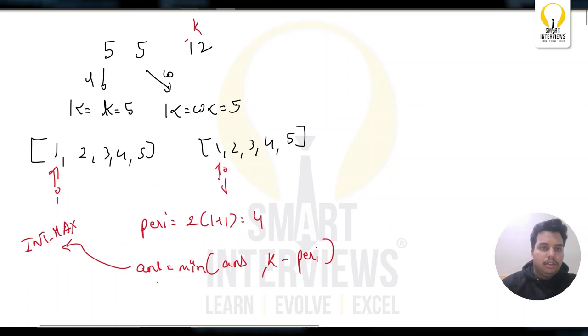So now you'll update your answer accordingly. For 4, k minus 4, 12 minus 4 comes out to be 8. So this can be your initial answer. But let's say I'm shifting the value of j here. Now the perimeter comes out to be 3 into 2 is 6.